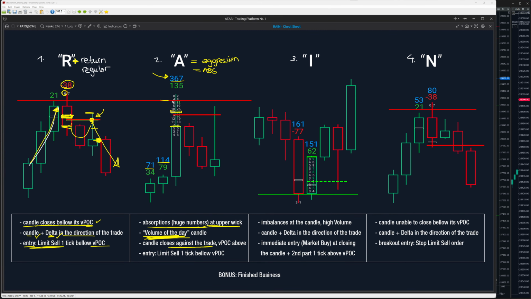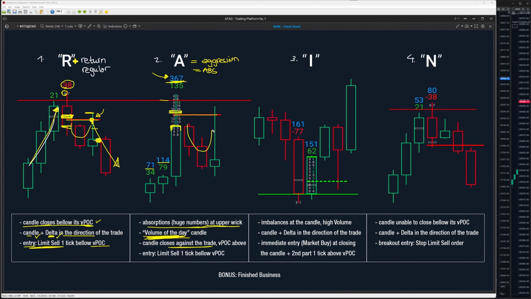We are trading resistance and we draw the line defined by a positive candle. Everything is against the logic, but it works. That's why there must be the volume of the day. So you identify the VPOC of the candle and you draw the line.